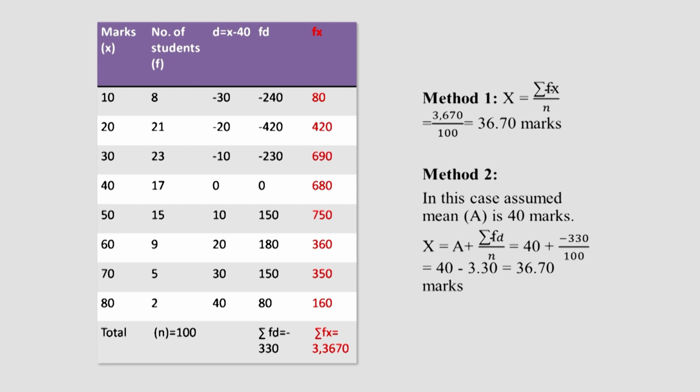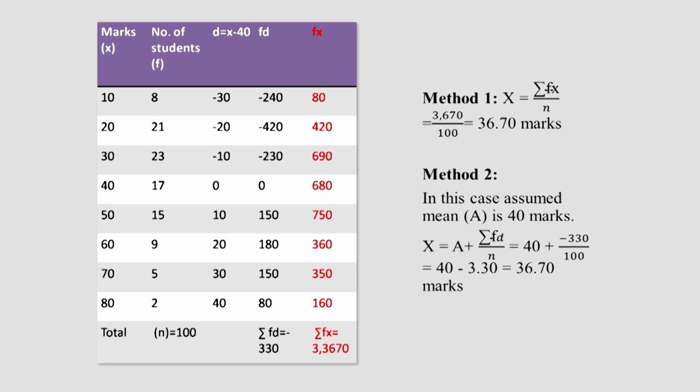Rather than multiplying X into F, in this method you have calculated the deviation of X, and then you multiply F into D. So 8 into minus 30 gives minus 240, 21 into minus 20 gives minus 420, 23 into minus 10 gives minus 230. Likewise, you get the values 150, 180, 150, 80.